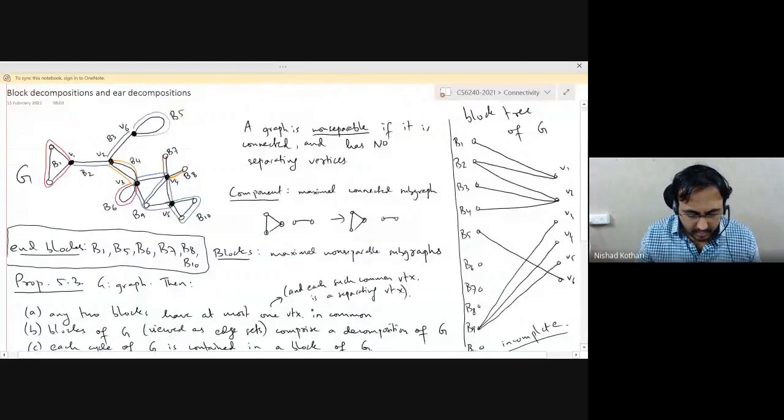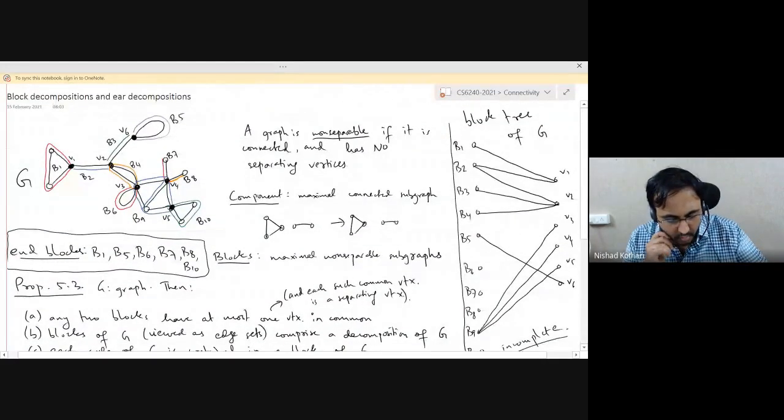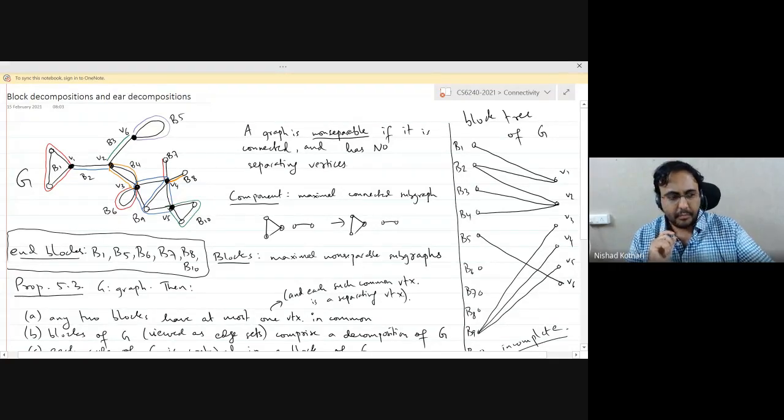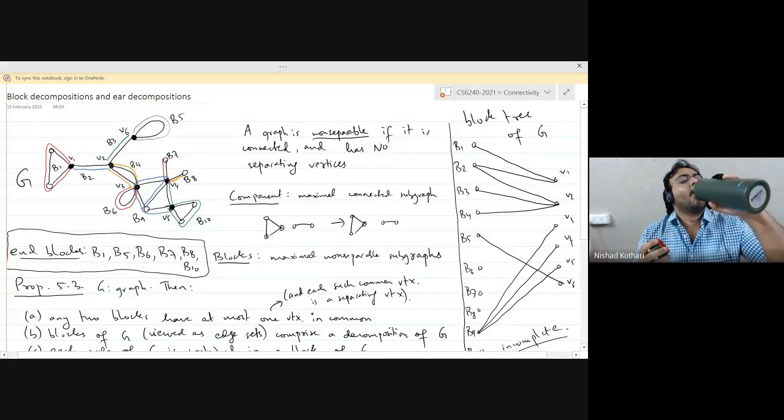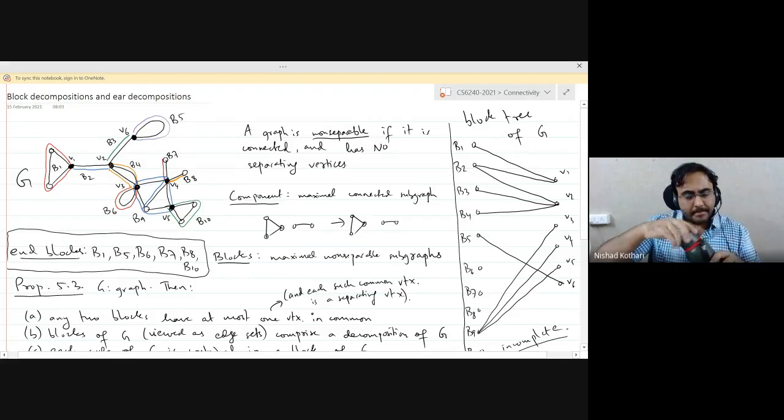Okay, so let's do one example here. Can someone tell me what are the internal vertices of the block B2? Well, B2 has only two vertices, V1 and V2, and they are both separating vertices, right?